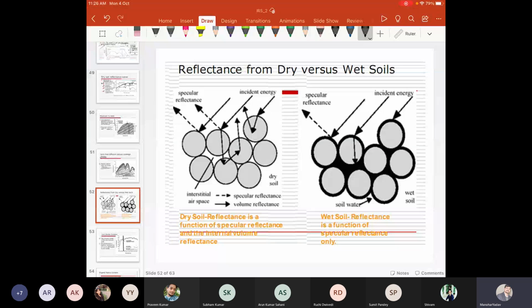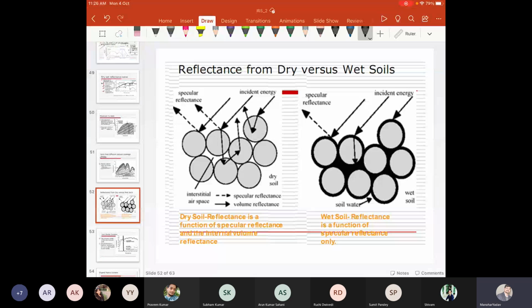Now the reflectance from dry soil versus wet soil, and it all depends on the molecular arrangement. So in the first figure, if you see over here, in case of dry soil, even within the bulk, a reflected component comes out.